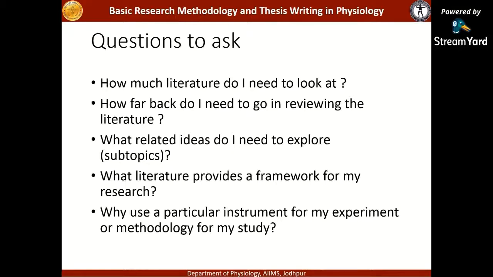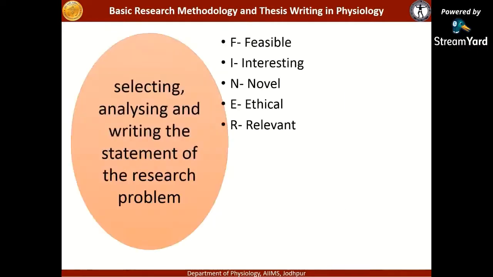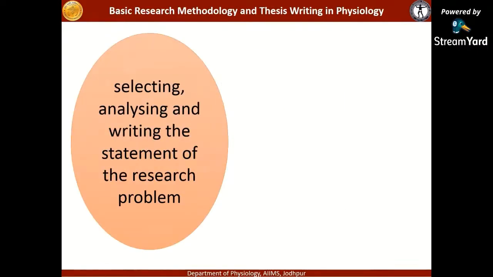So literature related to that is important. Articles using the same methodology are also important. You should be asking this question before starting. Once you have made up your mind clearly, then you have to go for a statement of the research problem.